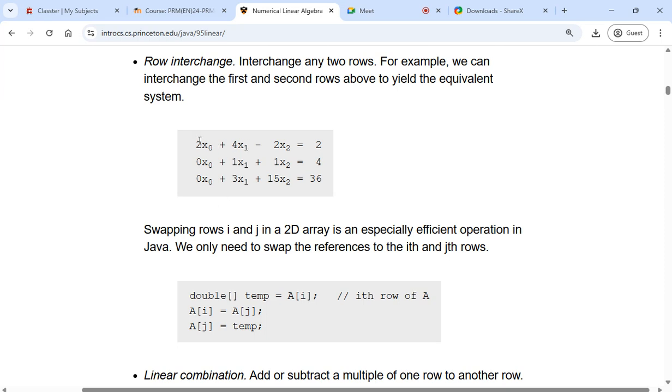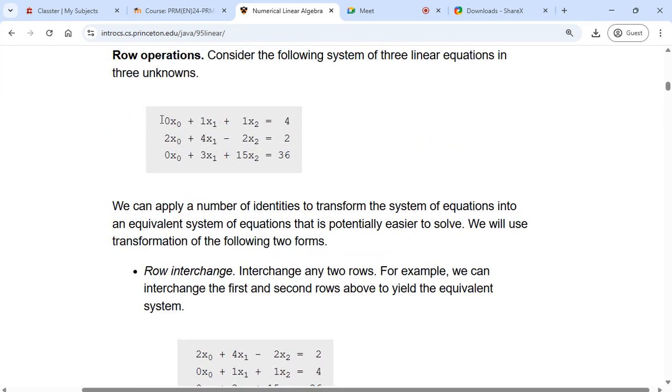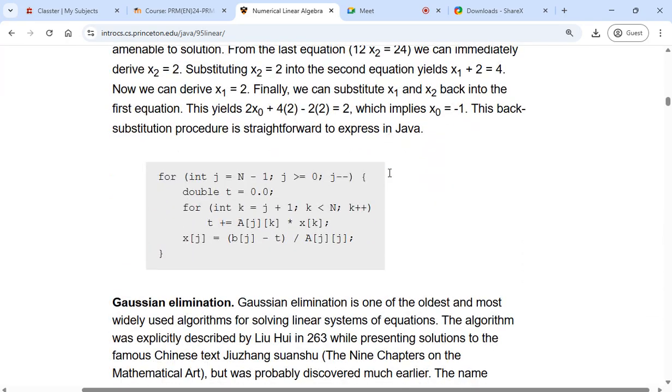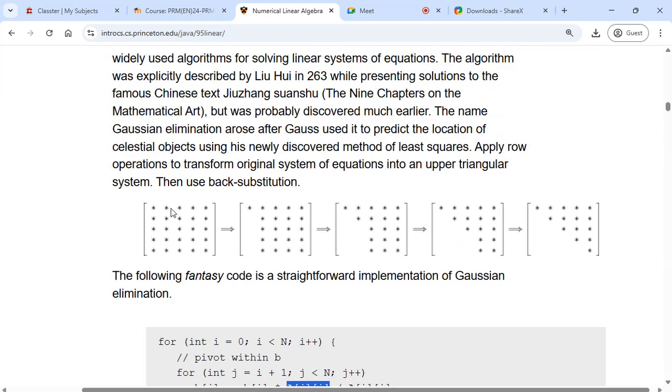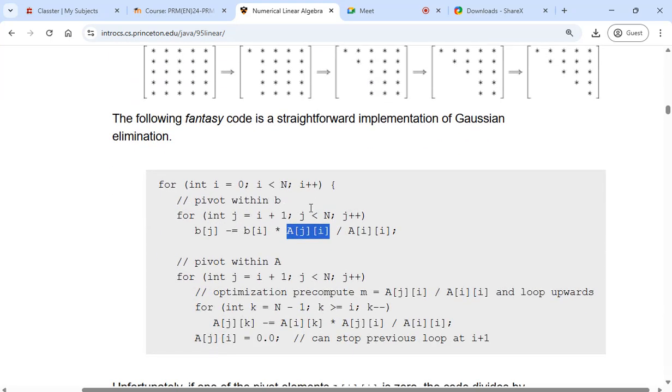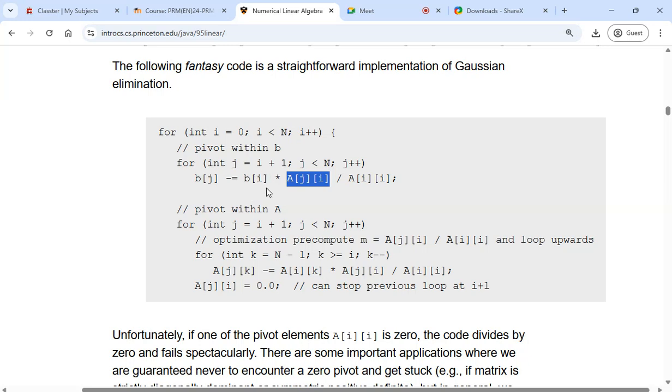So here we have 3 unknowns, 1, 2, 3, and we have 3 equations. This part from mathematics, maybe you remember, this part is the matrix itself, but this is the right part. So the part B is the vector for these solutions. And we call it matrix A, and here matrix B. So in this algorithm, if you have A, this is the main thing about that matrix. These are elements of that matrix, but B is the right part.